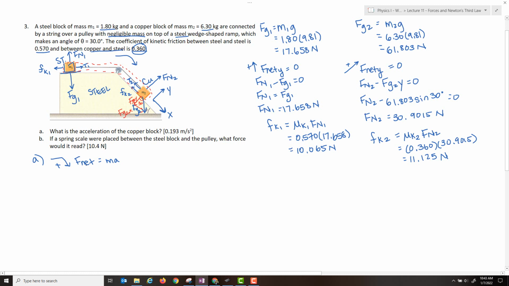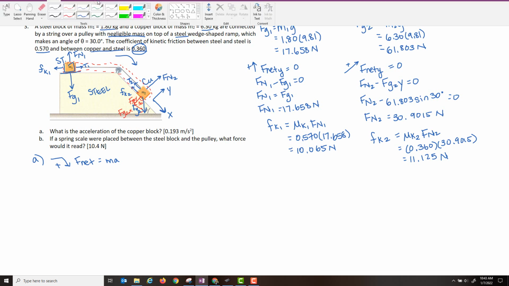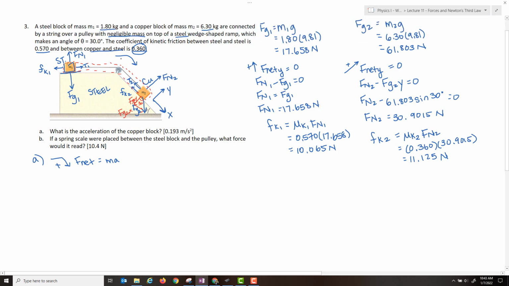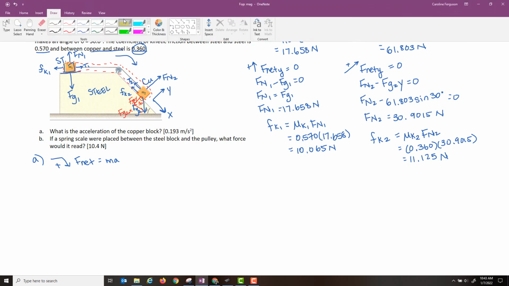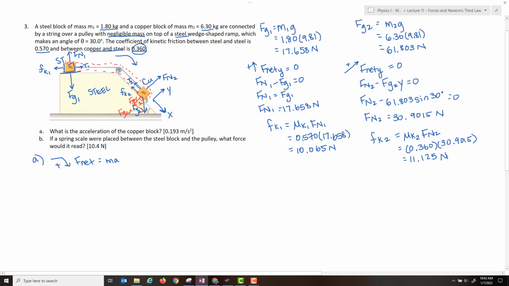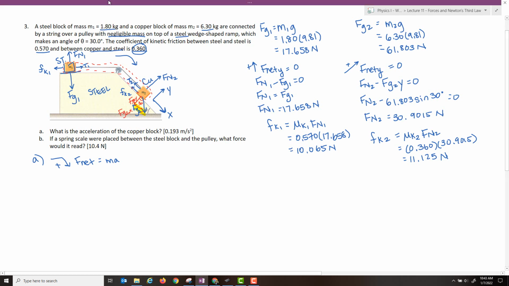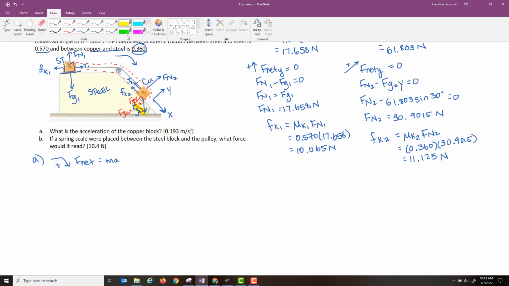My F net are all the forces that are helping the whole system move down the ramp. So what are all the forces that are making it go down the ramp? Let's see. I've got the force of gravity in the x direction over here. I've got tension, which I said I'm going to disregard because T1 and T2 cancel each other out. So Fg2 is really the only force that's helping this whole system go down the ramp.